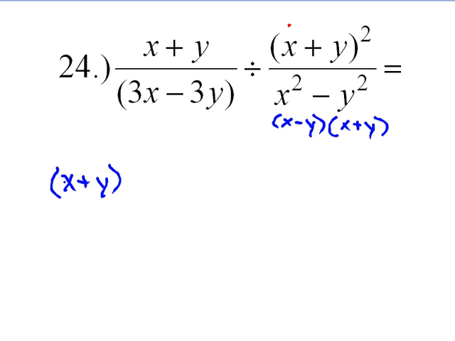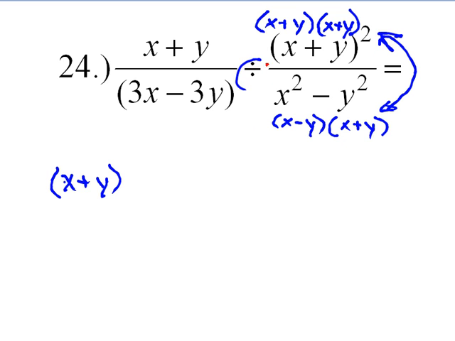And this is a double, so we have x plus y times x plus y. Okay, so now we've got to invert them, right? Because we've got a divided by here. So let's just leave them separated for now.